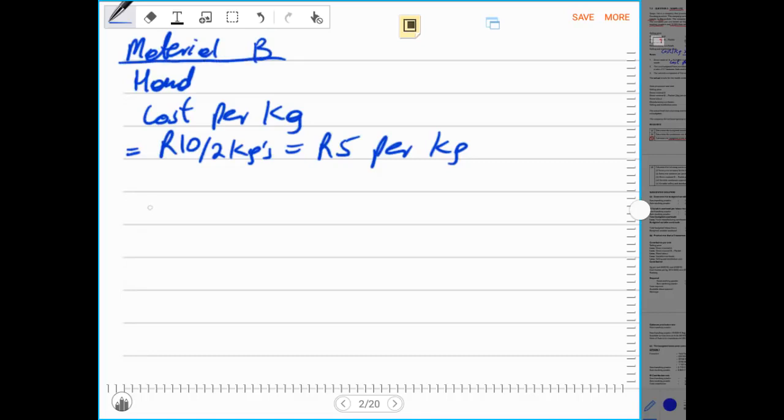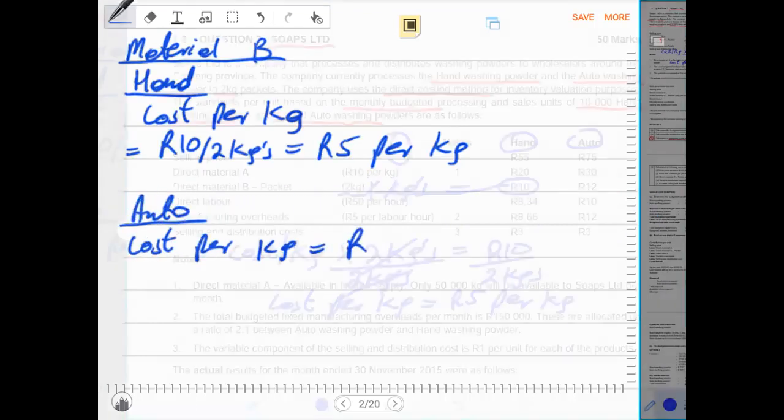Then after we go to the second product, which is auto washing powder, and auto washing powder will be the same, which is the cost per kg, and the cost per kg of material B will be equal to the price divided by the kgs per unit.